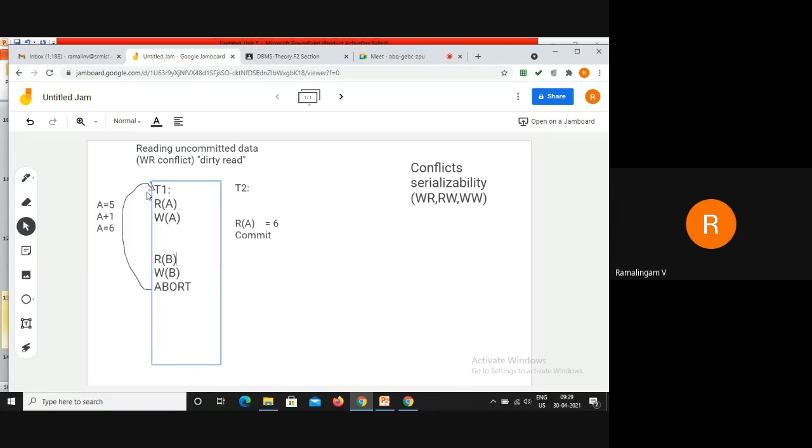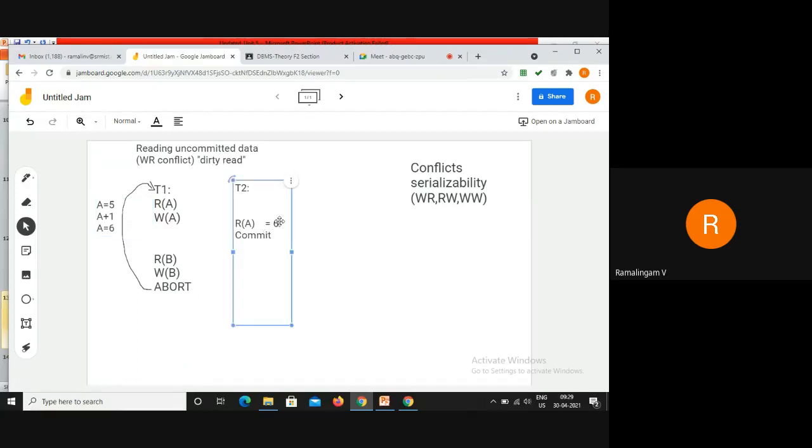So when we abort the transaction, the value remains unchanged. Here the value of A is changed back to 5, but T2 has read the value of A as 6. That's why it is called reading uncommitted data. That is why it is also called a dirty read.